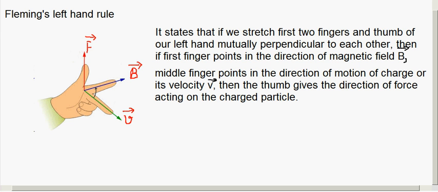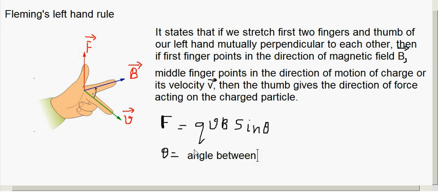Now as I said, the magnitude of the force is given by F is qvB sin theta, where theta is the angle between B and v, that is the magnetic field and the velocity.